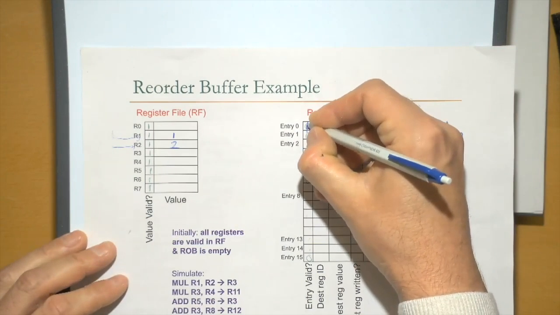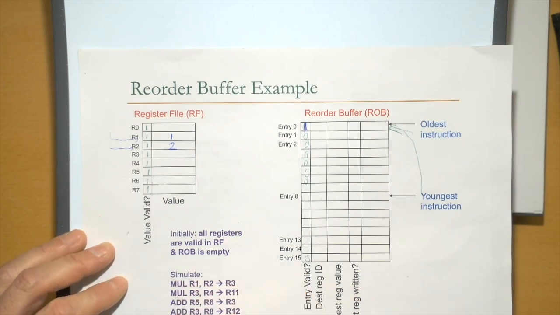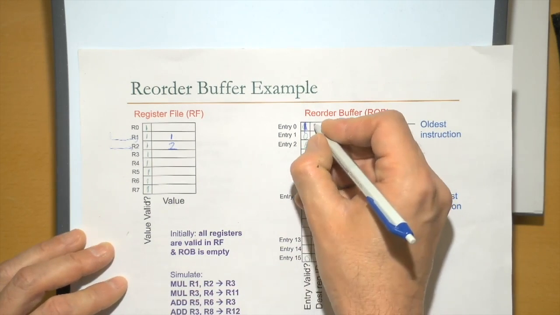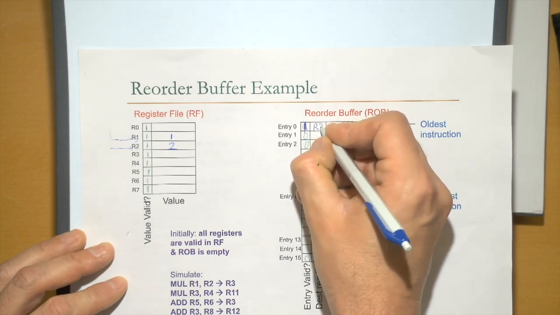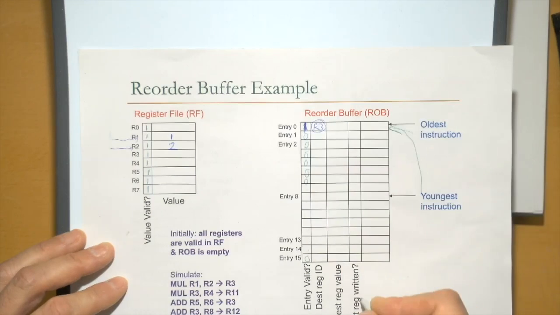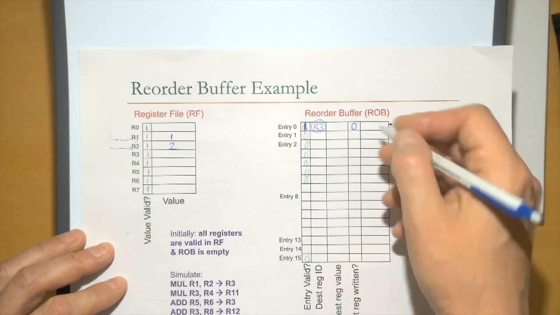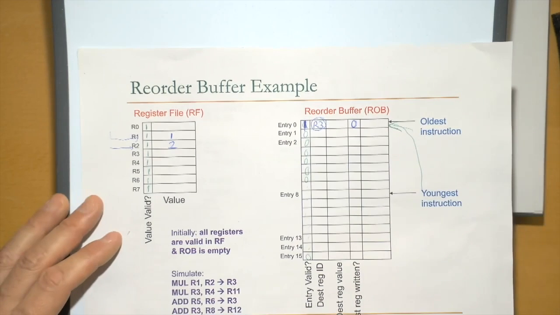Basically, the machine sets this entry valid bit to 1, which means that there's a multiply instruction over here. Register 3 is the destination register ID. The destination register value is not ready yet. The destination register is not written yet. So I don't care what this is, 0. And then there's some bookkeeping that I'm going to ignore. So that's what needs to happen when multiply is being decoded.